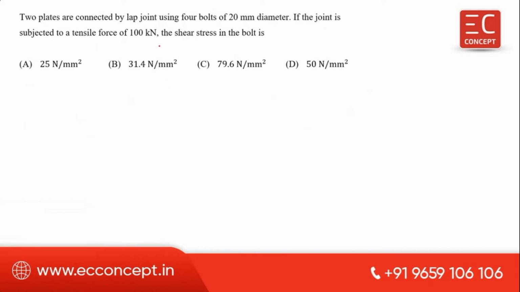Now, next question. Two plates are connected by a lap joint using 4 bolts of 20 mm diameter. If the joint is subjected to a tensile force of 100 kilonewton, then the shear stress is what?